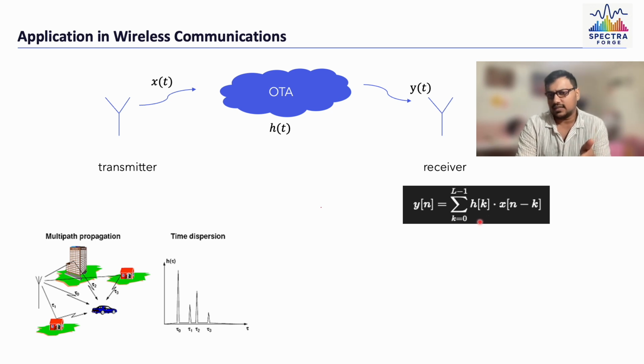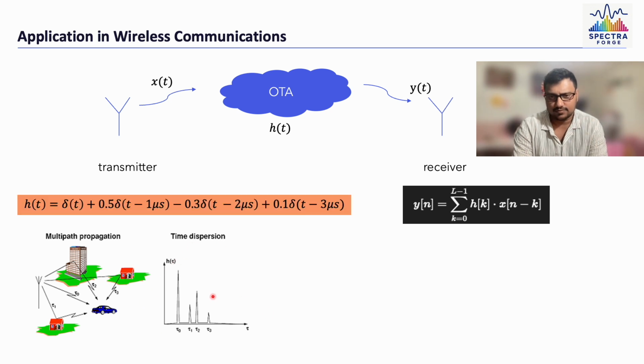This could be written as x of k times h of n minus k as well, as it holds the commutative property. Here, L represents the time samples of the channel. So you have L taps, and we are summing over the L multipaths of the channel.